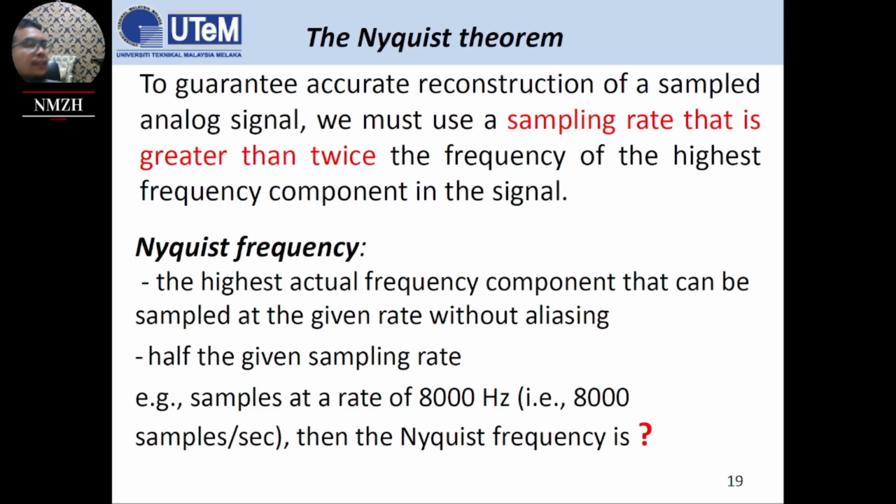What is the answer, guys? Here the Nyquist frequency is half of the given sample rate. So you tell me, what is half of this number? That will be the answer, right?